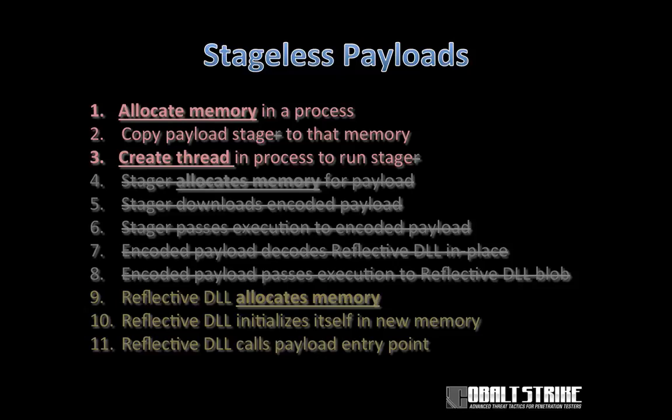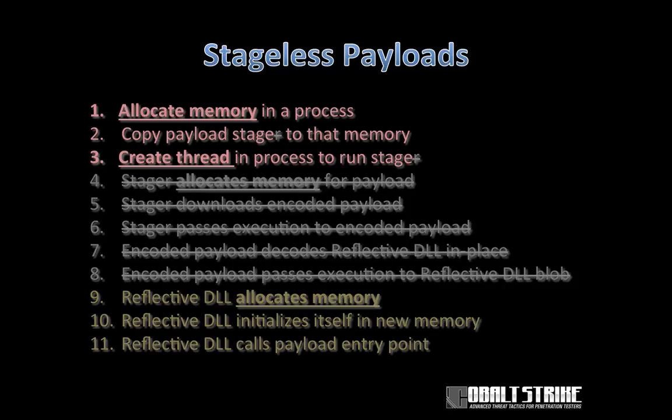What does that blob do? Well, that's documented in steps 9 through 11 here. The self-bootstrapping blob is actually a reflective DLL. And the thing that executes is the reflective loader. The first thing the reflective loader does is allocate memory for our beacon DLL.